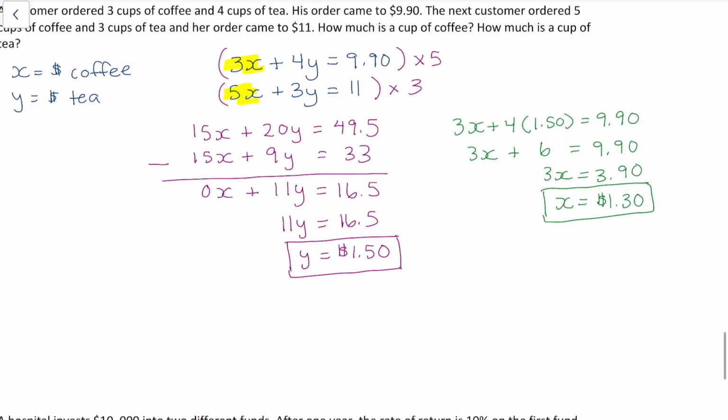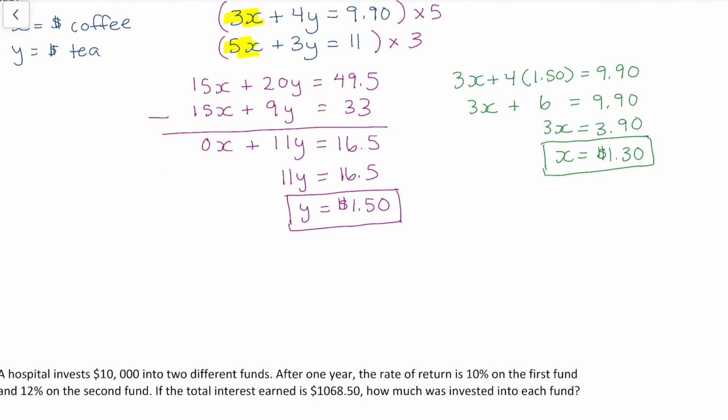So now I'm just going to do a quick check to make sure that I did it right. So I get 3 coffees, so 3 times 130 plus 4 teas, and I should get $9.90.